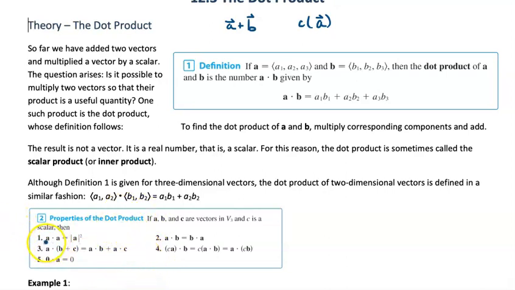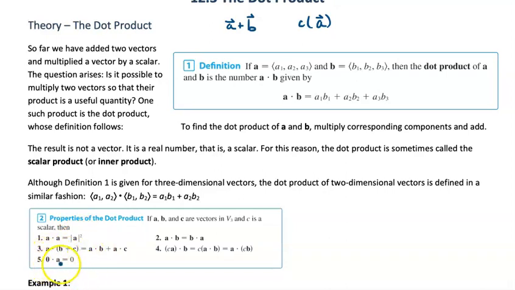Just like when we multiply some variable by itself we get that variable squared, here the dot product of A with itself is the magnitude of A squared. The distributive property does apply for the dot product.